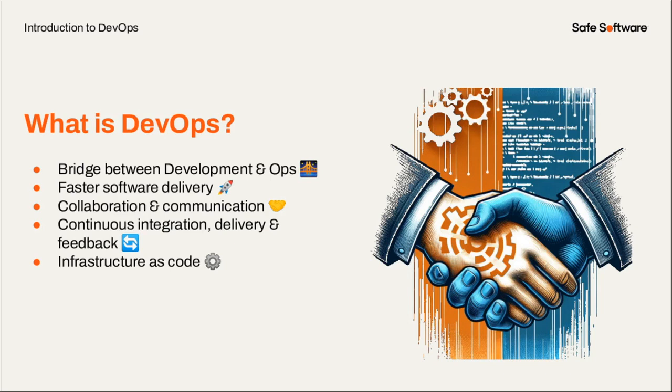Great, thanks, Elizabeth. So let's talk about DevOps. What is DevOps? DevOps is a lot of things to different people. So our definition today is DevOps is all about bridging the often separate worlds of software development and IT operations.